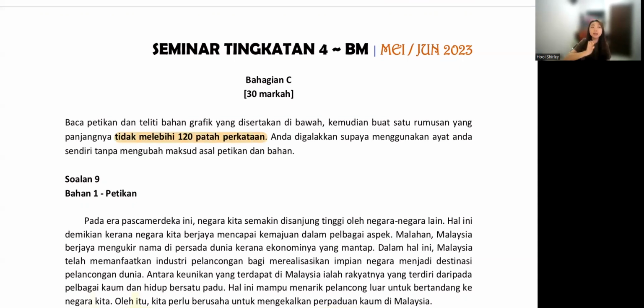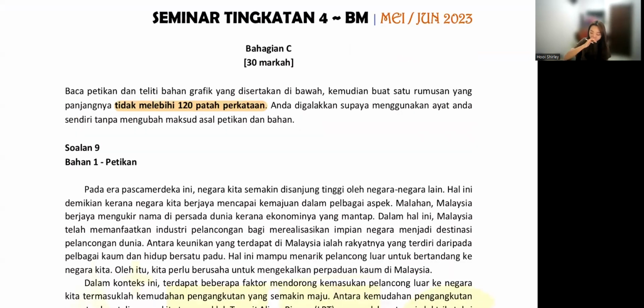So for this one, remember, tidak melebihi. You cannot write more than 120. The max is 120 for rumusan. Rumusan means a summary. From here, they ask you to baca petikan first, right? What is the purpose of reading the petikan? To get the focus. Some school teachers will say kata kunci.